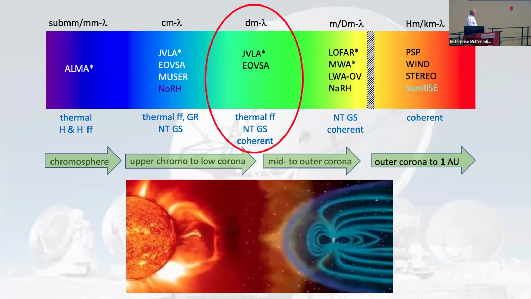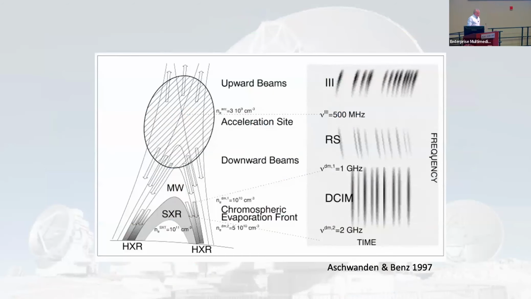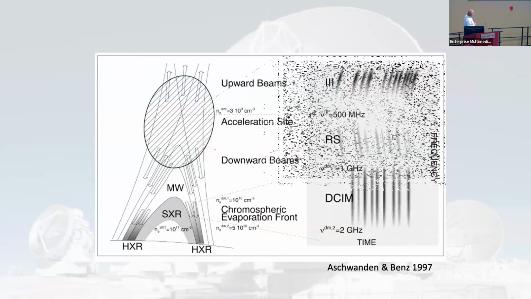Okay. Let's move on. This is again thermal free-free, but now we're beginning to encounter coherent emission as we get into tens of centimeter wavelengths. Okay. So I'm going to show you an example from the VLA, coming back to this cartoon.